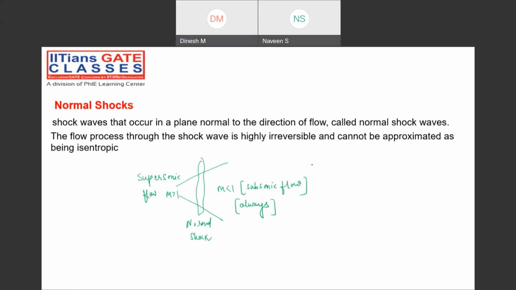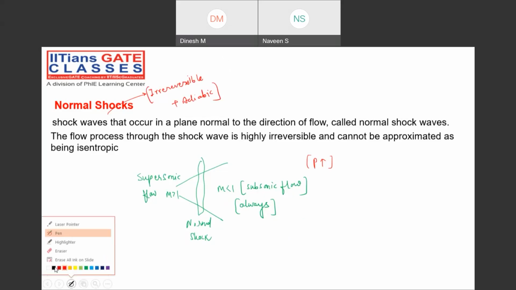But pressure will increase. Why? You know that it is a highly irreversible phenomenon plus adiabatic phenomenon. Together, this combination we are calling normal shock. That is the specialty about the normal shock. Irreversible means entropy generation cannot be zero. How to calculate entropy generation for the open system?